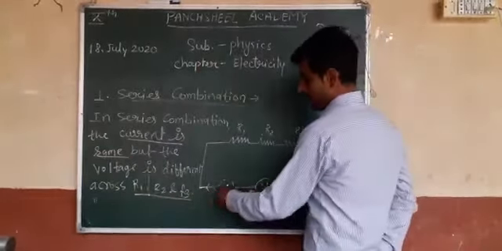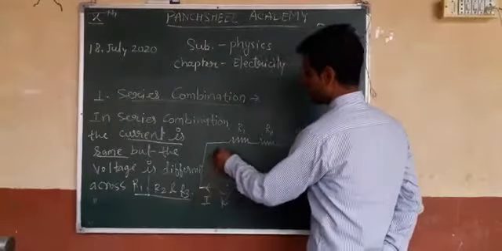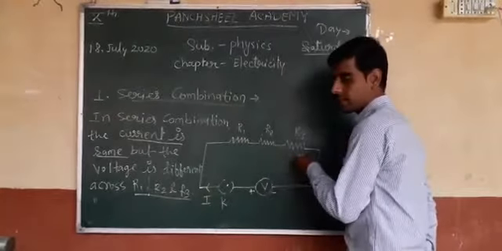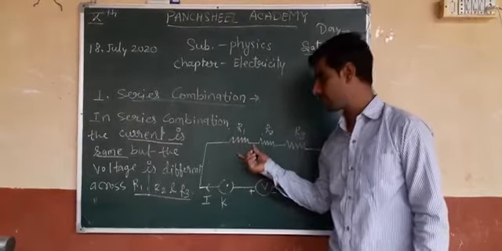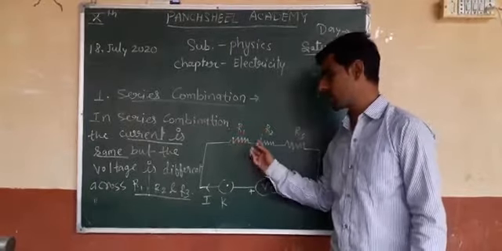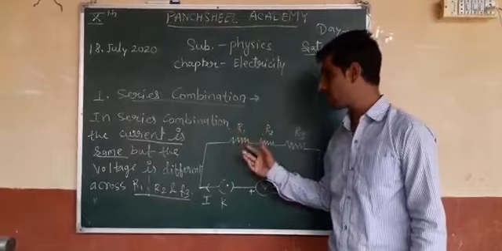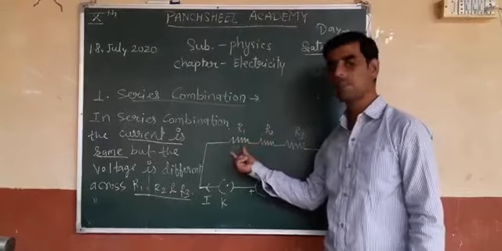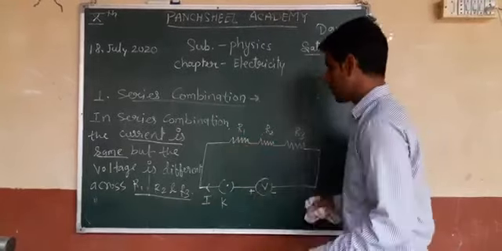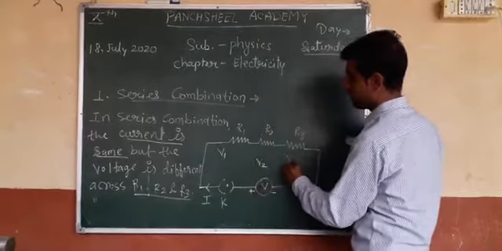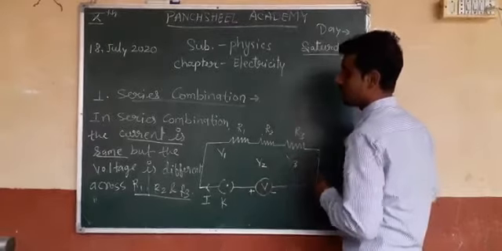Suppose I is the current flowing in all these three resistances R1, R2 and R3. Why is the current the same? Because all three resistances are connected in series. And the voltage is different. Why? Suppose V1 is the voltage here, V2 here and V3 here.